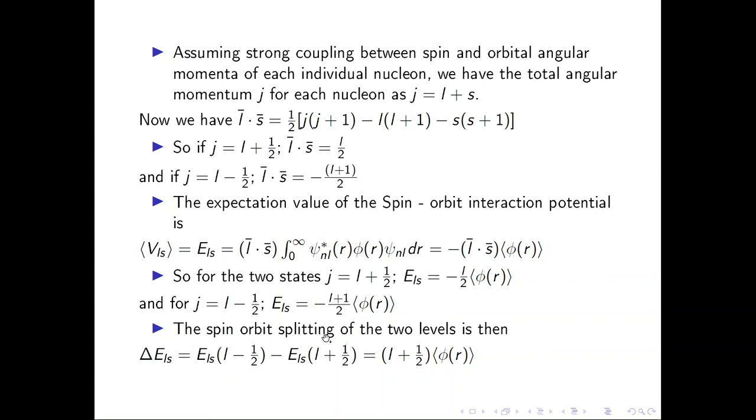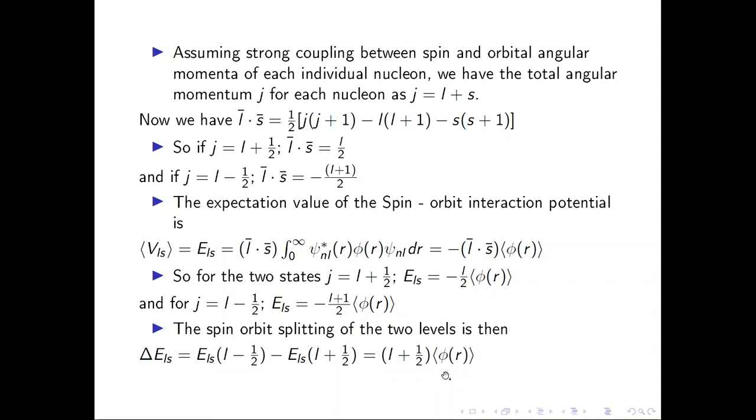So the spin orbit splitting of the two levels, the separation between them, is E_LS(l minus half) minus E_LS(l plus half), which is equal to (l+1) times φ(r).